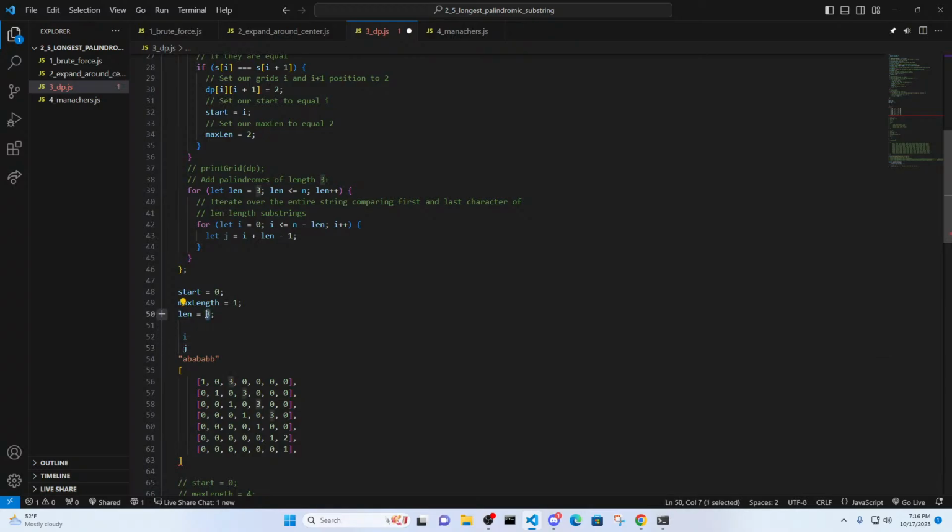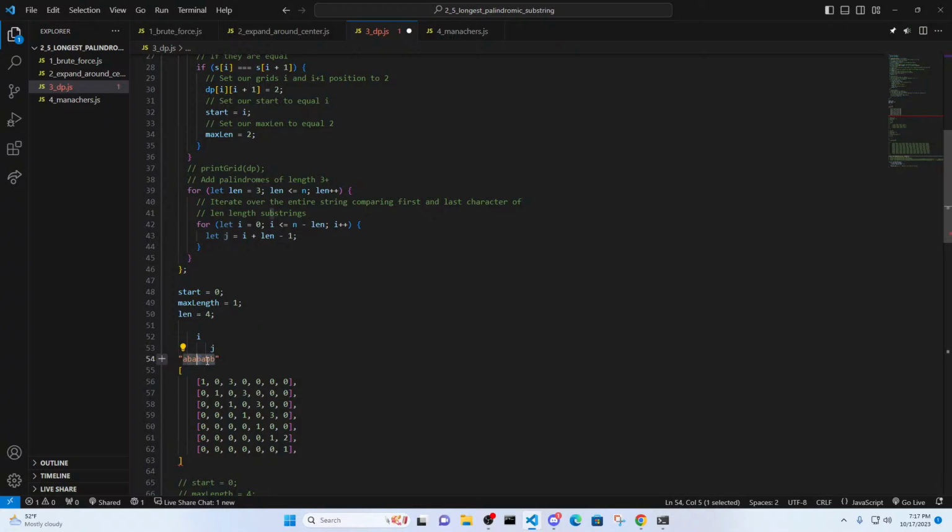When length equals 4, we're doing 0 plus 4 minus 1, so 0, 1, 2, 3. In this case, I don't think we have any matches. A, B. Actually, we do have a match right here. We have a match when we're checking all the substrings of length 4, and i is on position 3, j is on 3, 4, 5, 6, j is on 6.